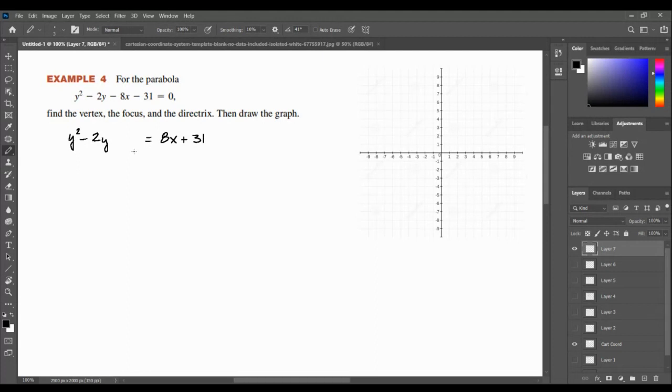So I have y squared now. So my default formula where y is squared, pulling this from the conic summary sheet, looks like this. And again, the vertex is going to be (h, k).